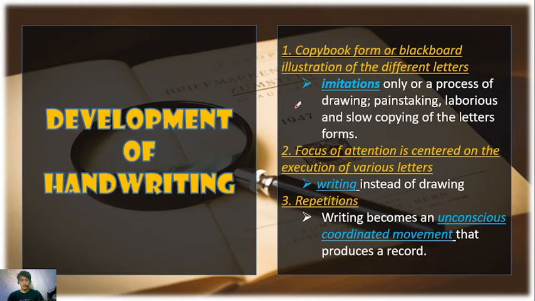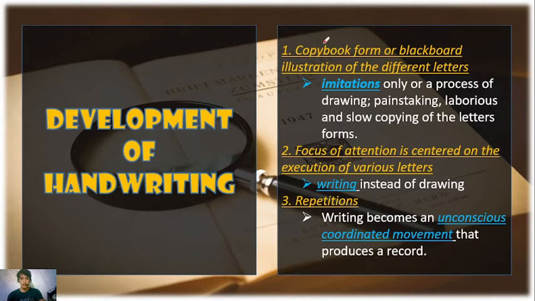This is the time when we are still in grade school or in preschool, or from the time that we are still being taught by our parents. Again, we have here the so-called copybook form, or we simply refer to them as our standard formats, or standards, a guide on how we are going to write the different letters in order for us to create words.